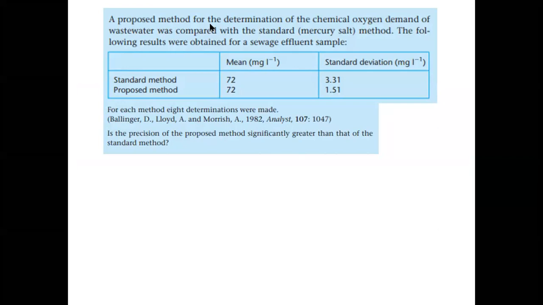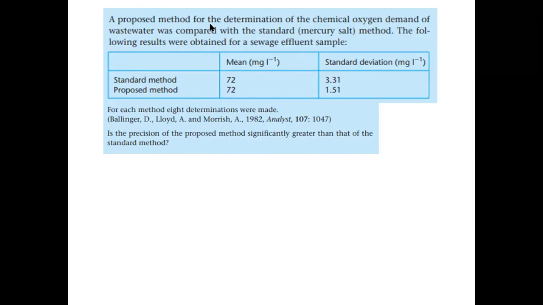You see, the mean value is the same for both methods, but the difference is in the standard deviation. So we can get an idea about the precision. We can compare these two standard deviations using an F-test, and we can get an idea about the precision here.